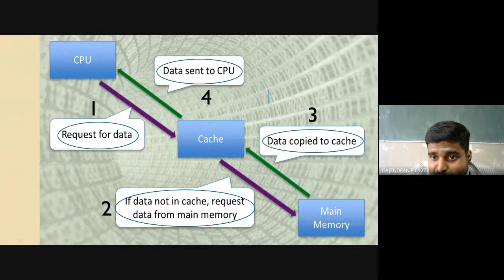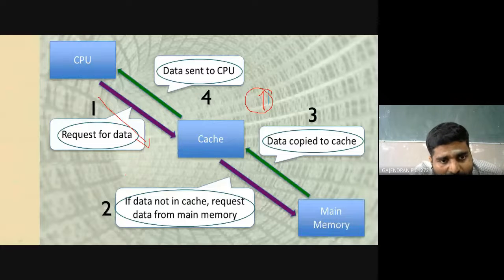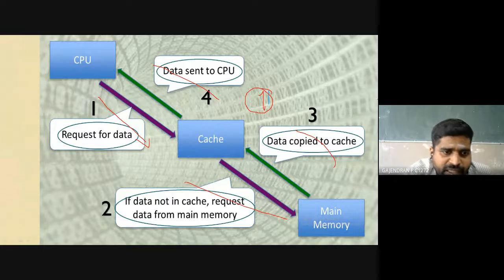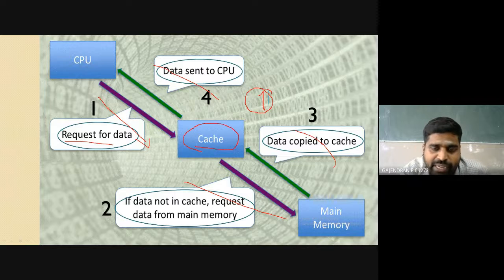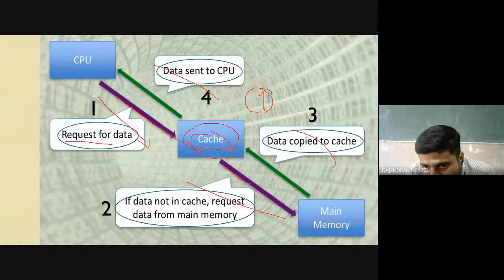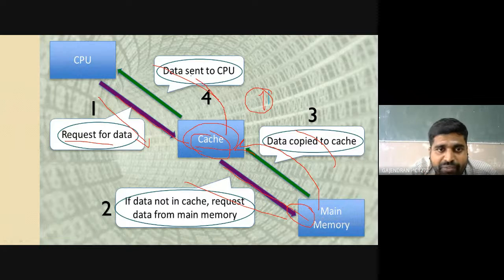Can anyone tell me, if we ask the same request again, what may be the flow? Will it flow from 1, 2, 3 and then 4? Next time I am asking the same relevant data. What will my cache do? Any idea? CPU requests, it is not in the cache, therefore it again gives a request to the main memory. The main memory copies the information here. From there we move to the CPU.